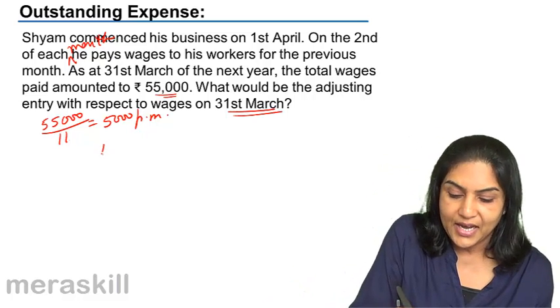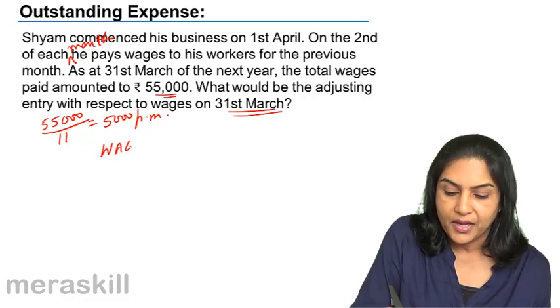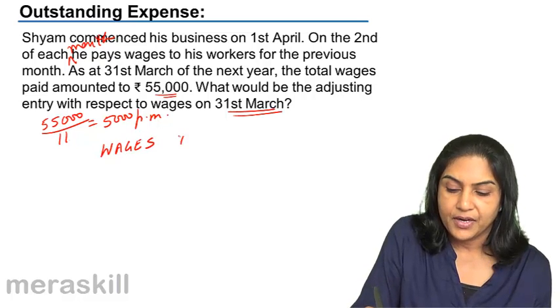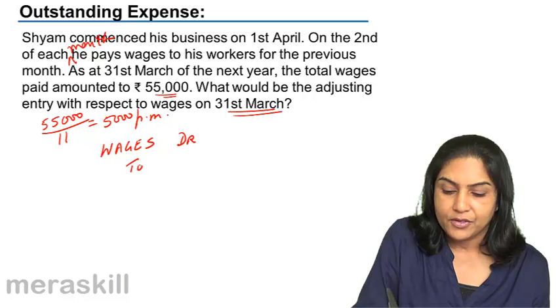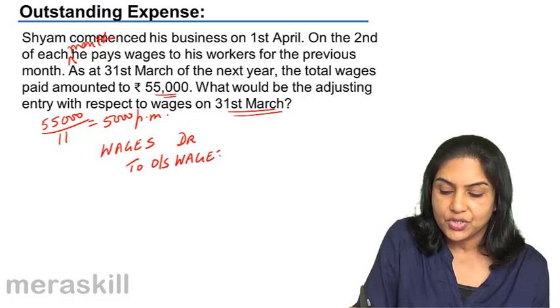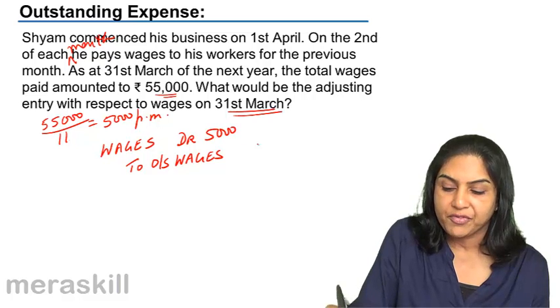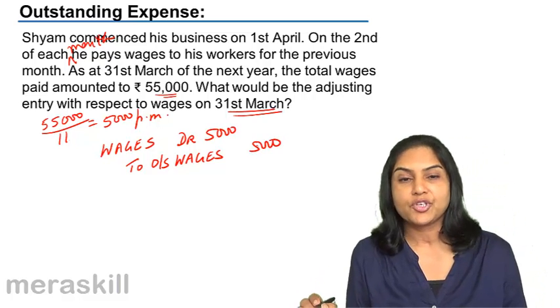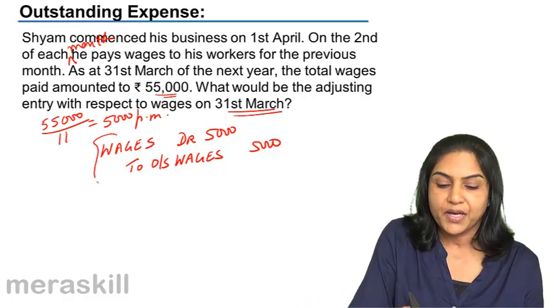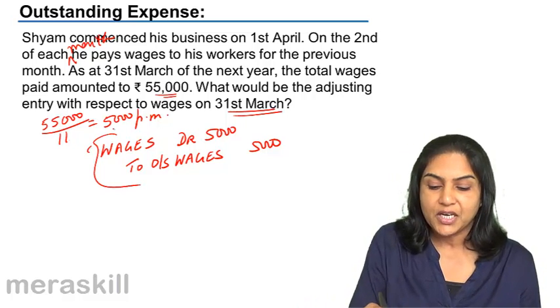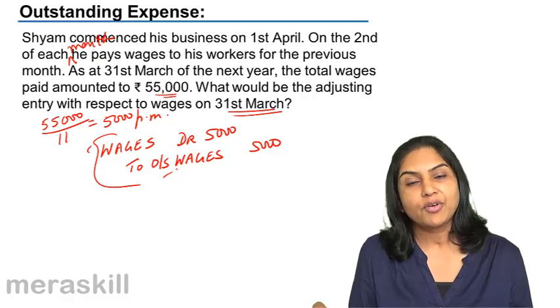So basically our entry should be wages debit to outstanding wages, an amount of 5,000. This would be our accounting entry, expense account debit, liability account credit.